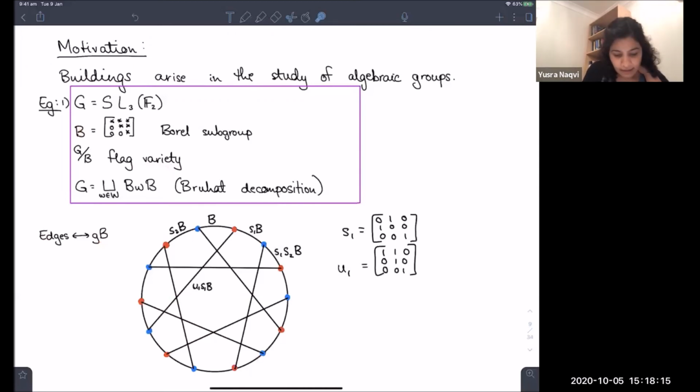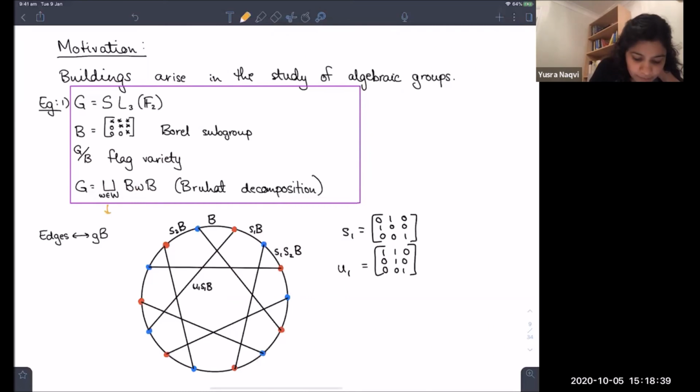And G in this case has a very nice decomposition, the Bruhat decomposition, where it is the disjoint union of these Bruhat cells which have the form BwB, where B is something in my Borel subgroup, w is an element in a Coxeter group, and then B is the thing that I was quotienting out by in the first place.